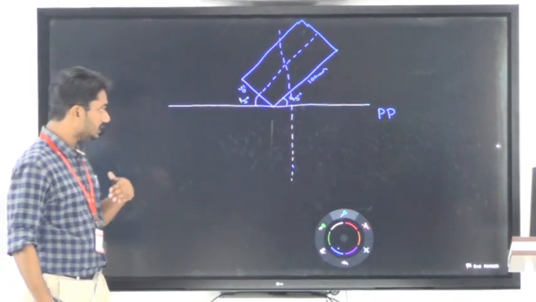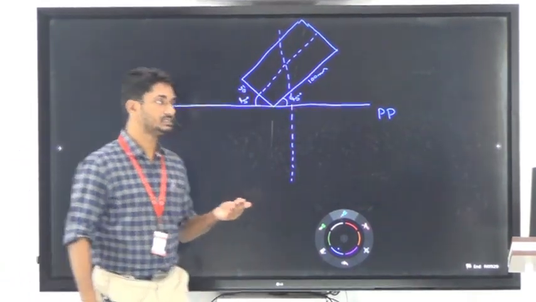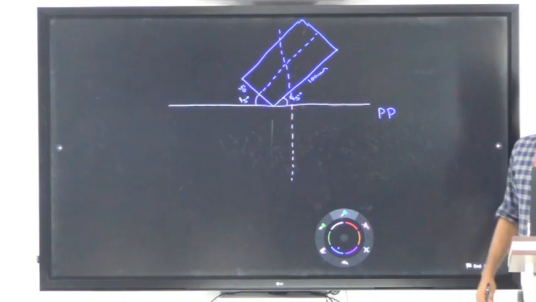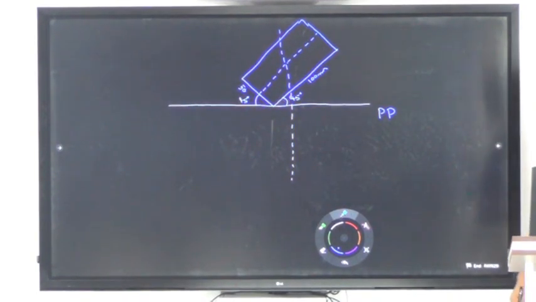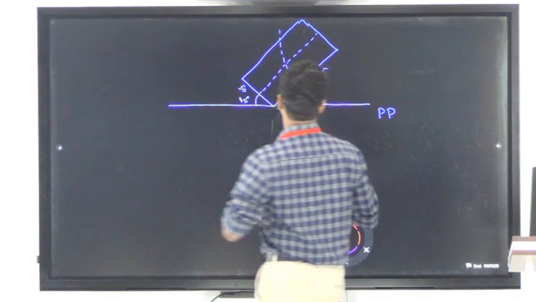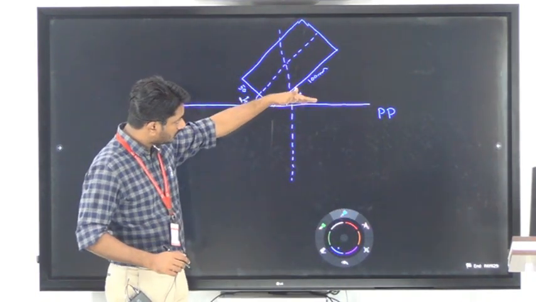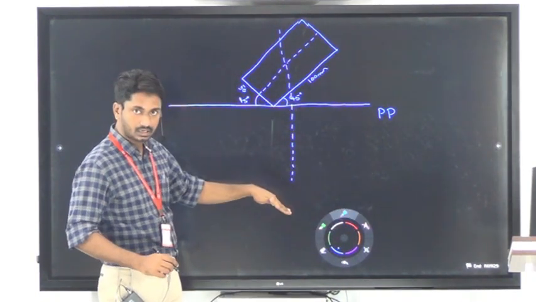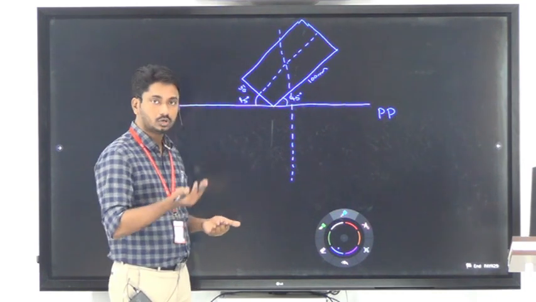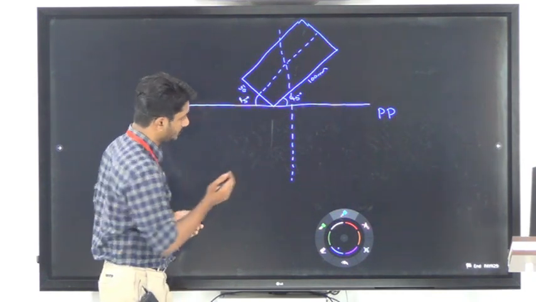Then it is given that the station point is 120 mm in front of the picture plane. So at a distance of 120 mm from this picture plane, we are marking the top view of the station point.